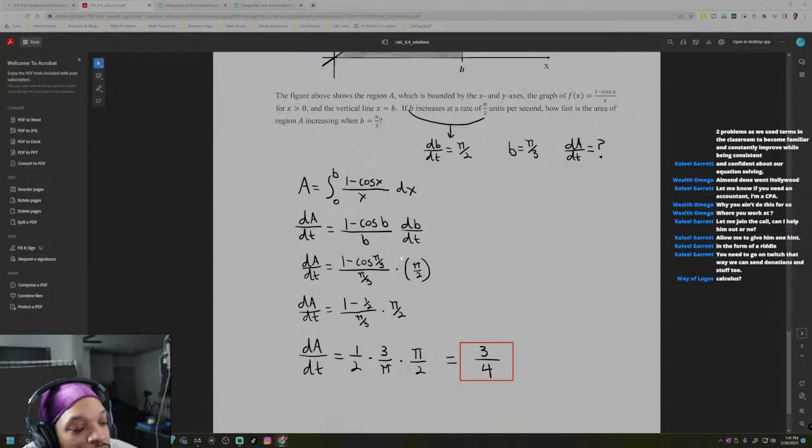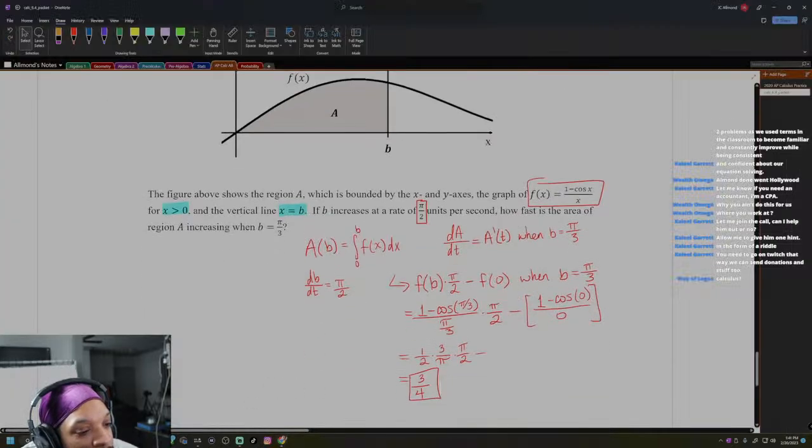Remember how we're doing it, f of a function minus f of 0? f of 0 is some constant, and so the derivative of a constant is just 0 anyway. But that's weird though.